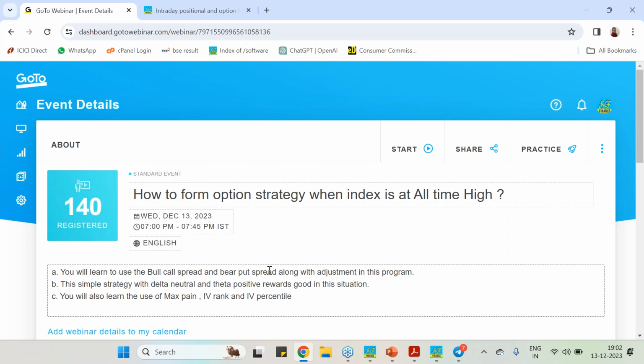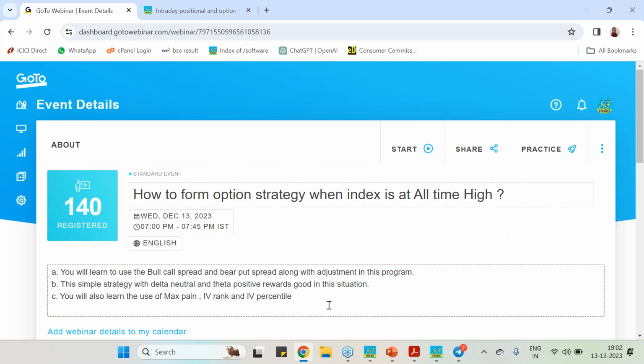This is one of the things you will be learning. IV rank, IV percentile, and max pain will be learning, and the strategy you are going to learn is delta neutral, theta positive, and it rewards very nicely. That is also a very simple strategy, but it rewards in an excellent way.